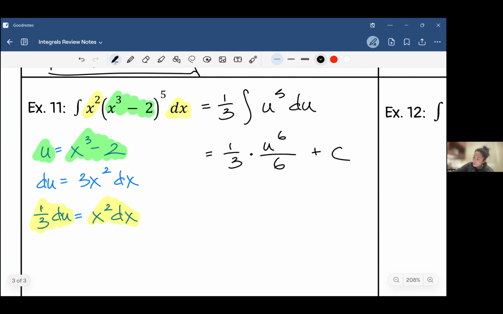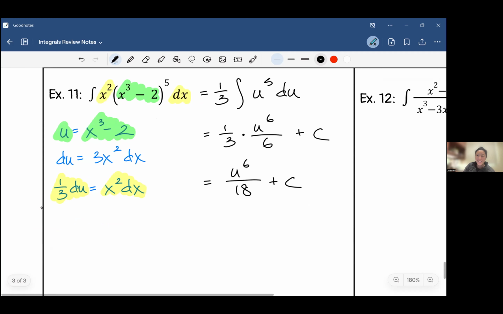All right, we're going to clean up our fraction a little bit. We'll get u to the 6th over 3 times 6 is 18. And then we got to substitute back in for our u, and we should end up with x cubed minus 2 to the 6th over 18 plus c.